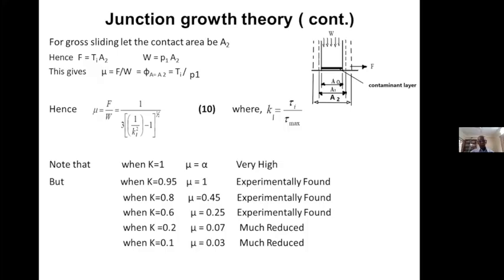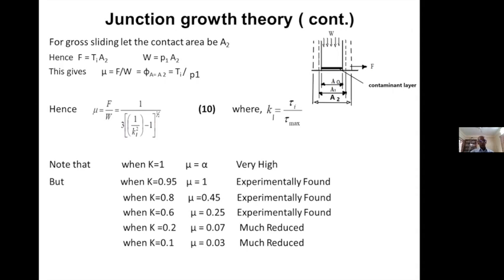As we apply the friction force or tangential force F, the contact area increases to A1. Now, this is okay from junction growth point of view, but when sliding occurs, it must increase further, and let's call it A2.